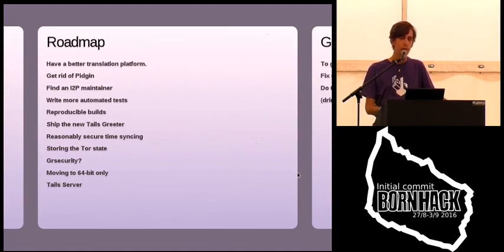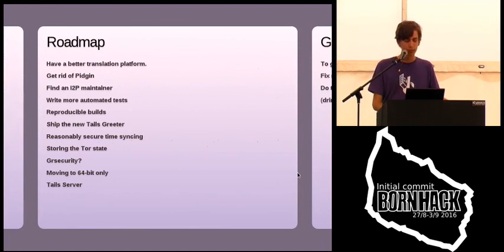We've been experimenting with Weblate, for example, and that seemed to be quite an interesting platform for people to use. Debian is also experimenting with that, and then there's another one from Mozilla that we are experimenting with, and we hope to make a decision on this somewhere this year or early next year.